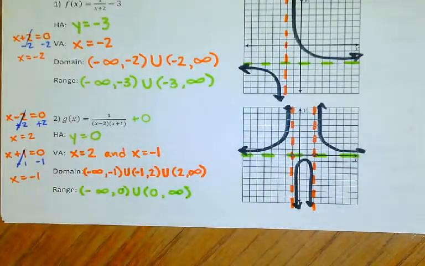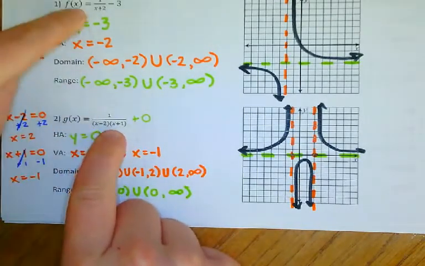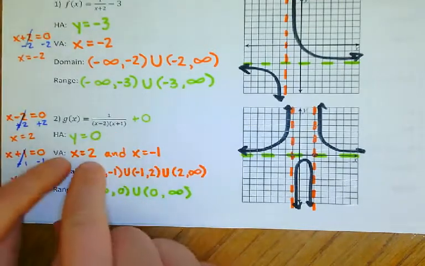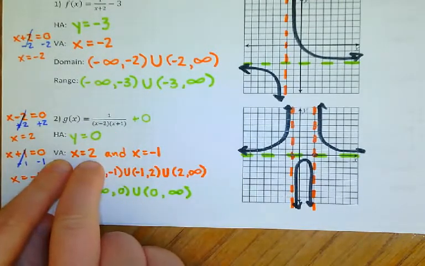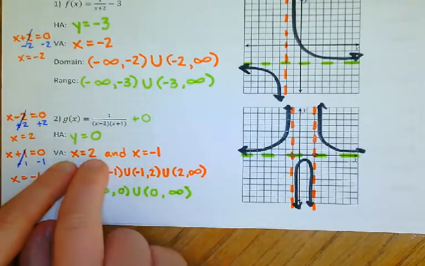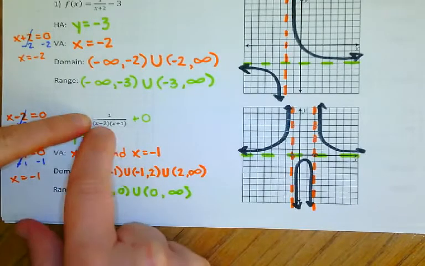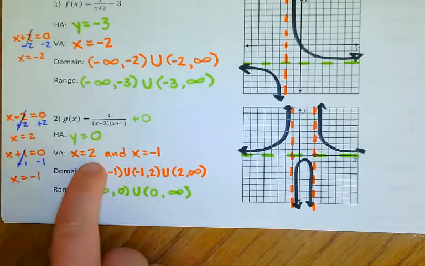Alright, so I want you guys to remember that whatever is in your denominator, that's going to tell you your vertical asymptote. And what you're doing is you're setting it equal to 0 and solving for that x. So essentially, you're just switching the sign. This was an x minus 2, so our vertical asymptote was x equals positive 2.